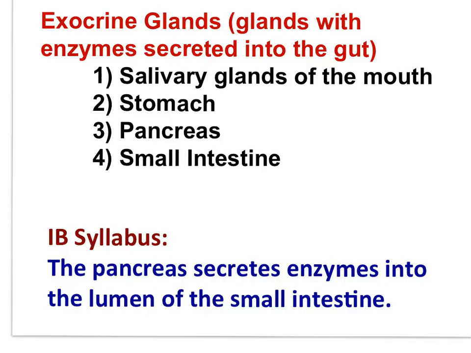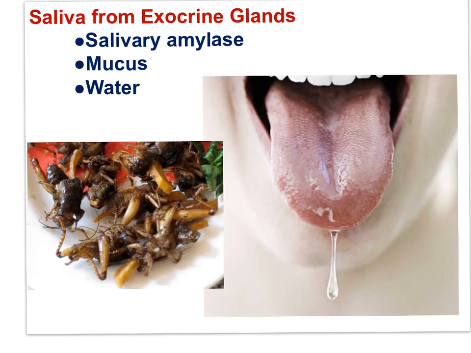In addition to the physical digestion that occurs by teeth and bile, glands secrete enzymes for chemical digestion. These glands are known as exocrine glands, and they include the salivary glands of the mouth, stomach, pancreas, and small intestine. But the focus of the IB syllabus is the pancreas secretes enzymes into the lumen of the small intestine. Saliva has salivary amylase.